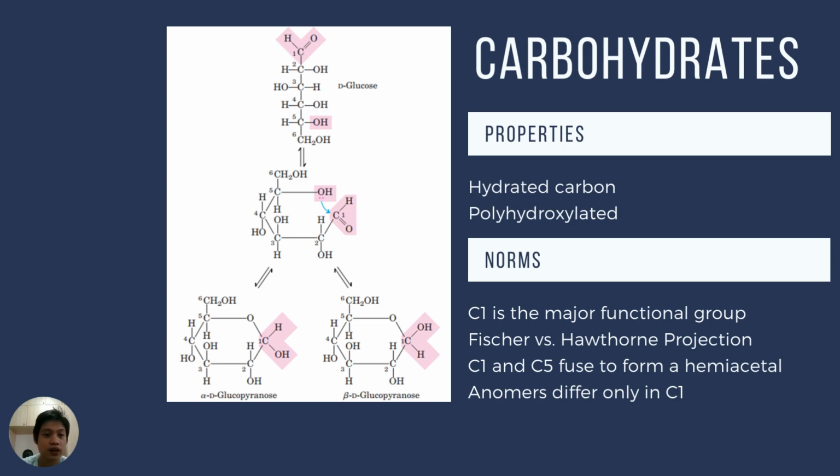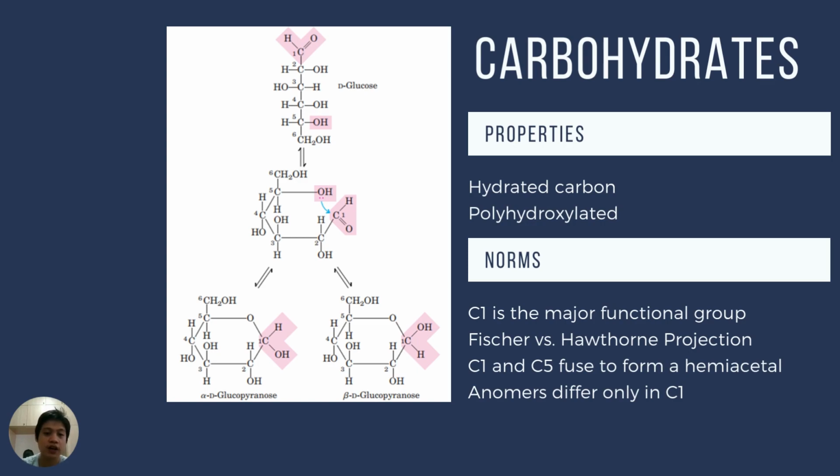You will see that the alcohol group of carbon number 5 combines with carbon number 1, which contains the aldehyde. Okay? So the aldehyde, carbon number 1 with double bond oxygen or carbonyl carbon, combines with the alcohol of carbon number 5 to form a hemiacetal. Okay? And that is in the form of the glucopyranose structure, which we will discuss later.